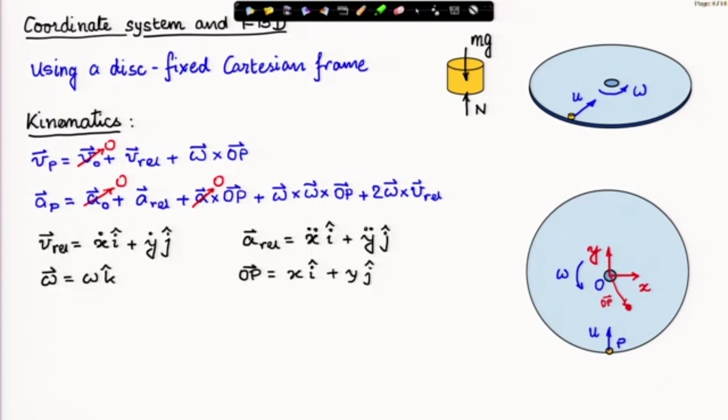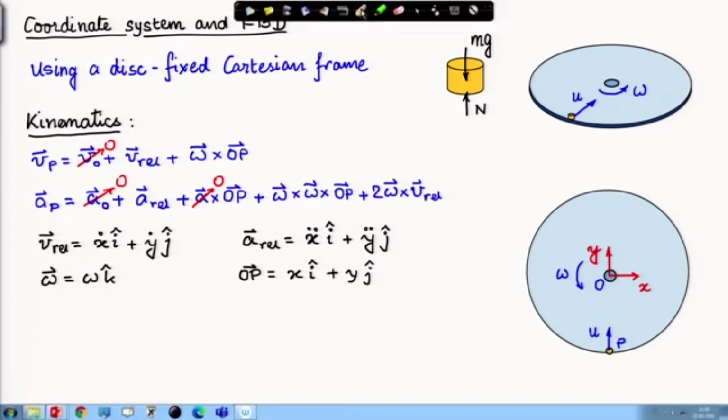Now, I represent the relative velocity etc. as measured by this disc based observer who is using this xy coordinate system. The vector OP is nothing but x i cap plus y j cap. This is as seen by the observer on the disc.